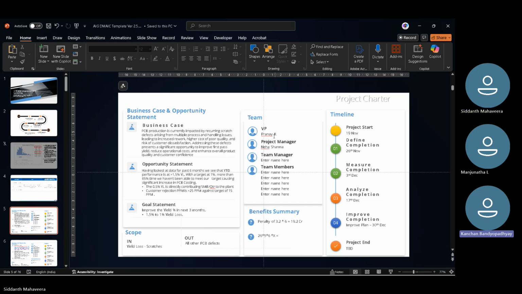How will you do these things? Production process, material handling.